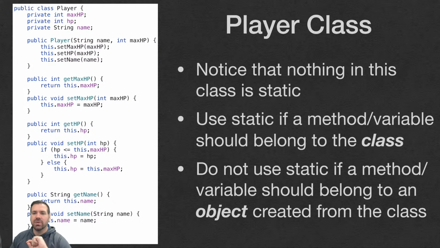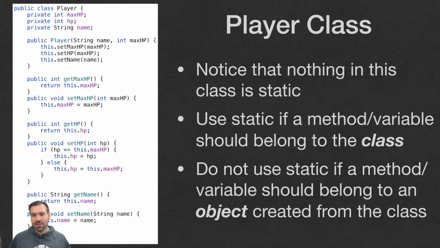The big difference between static and non-static is that static methods belong to the class itself. So any static methods in here would belong to the Player class. Non-static methods belong to objects of that type. So anything non-static, which I'll just start calling methods from this point on. If it's a static method, I'll explicitly say a static method.